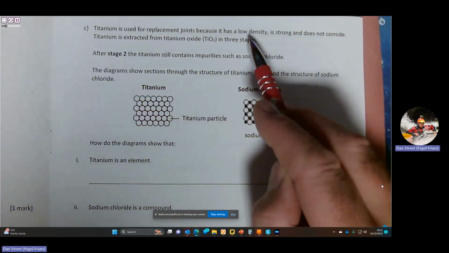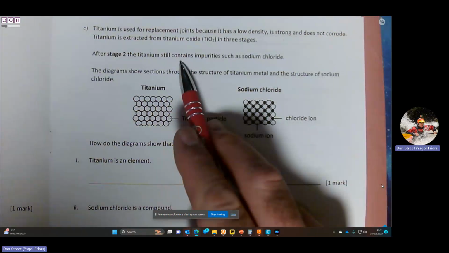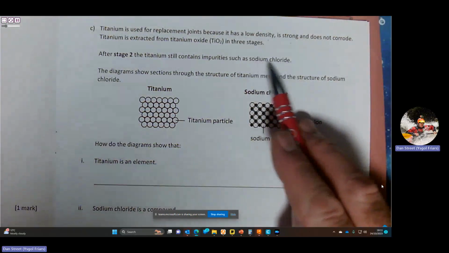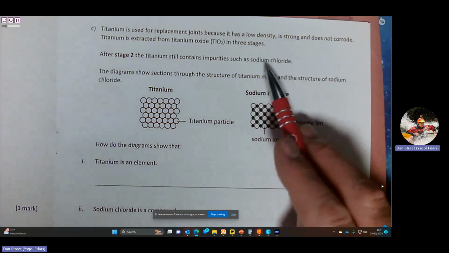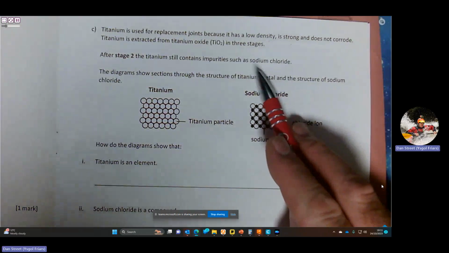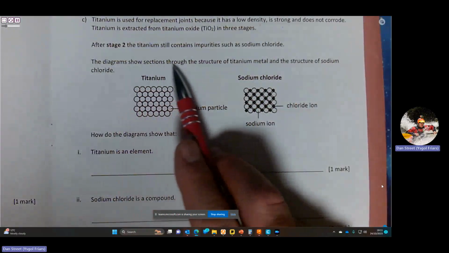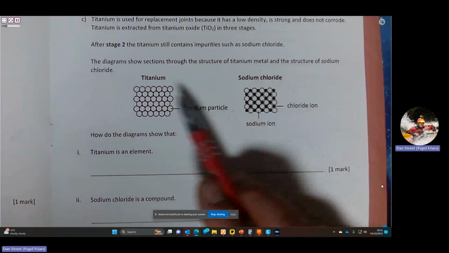There's no question there. Then it says, after stage 2, the titanium still contains impurities such as sodium chloride. So you don't want sodium chloride in the metal that's in your knee because it might cause the titanium to corrode. Again, just information. The diagram shows sections through the structure of titanium metal and the structure of sodium chloride.